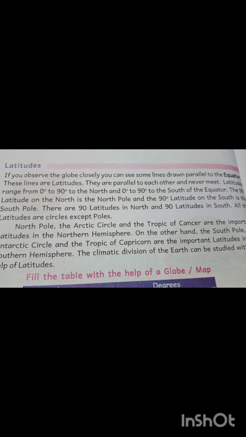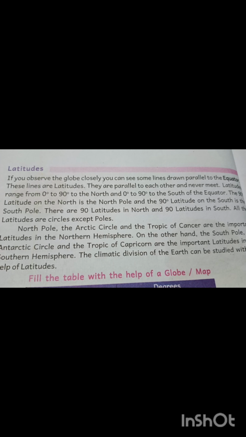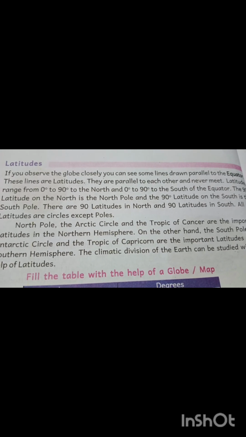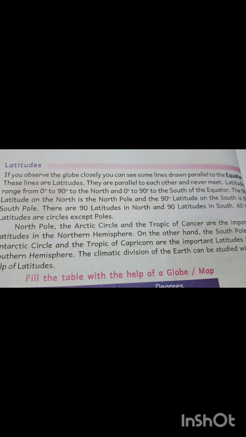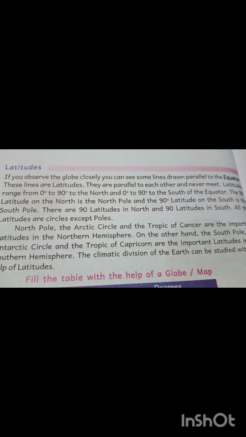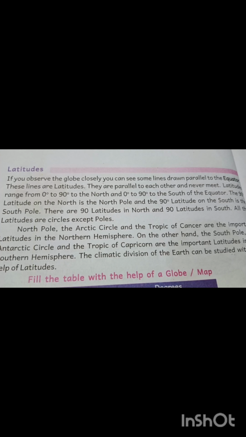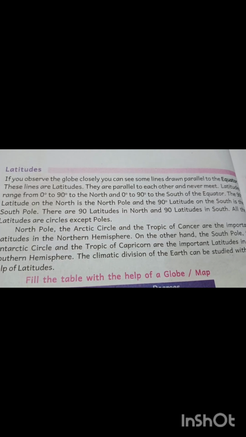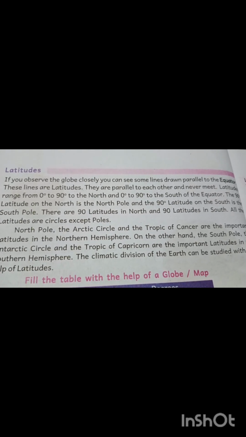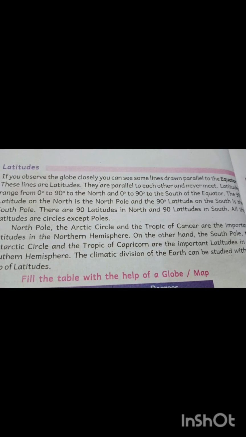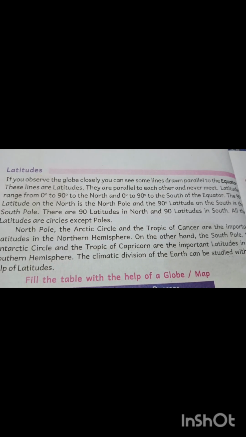Latitudes. If we observe the globe closely, you can see some lines drawn parallel to the equator. These lines are latitudes. They are parallel to each other and never meet. Latitudes range from 0 degrees to 90 degrees to the north and 0 degrees to 90 degrees to the south of the equator.